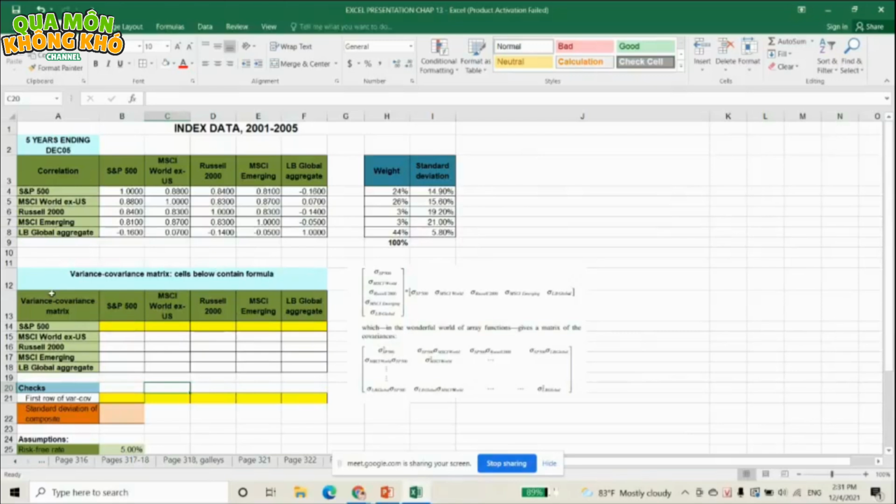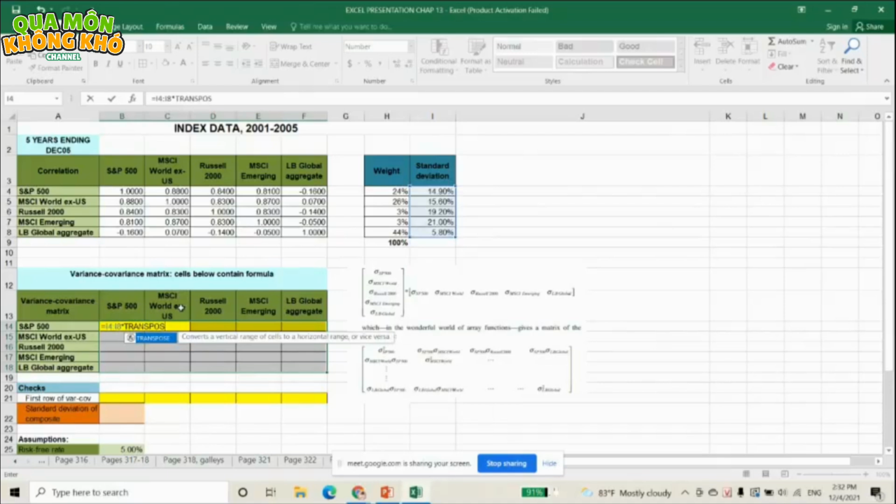Now we can compute the variance and covariance matrix for the five indexes from the correlation matrix above by using an Excel array function: equal the array of standard deviations, multiplied with the transpose of the standard deviations, and multiplied with the table of correlation matrix.